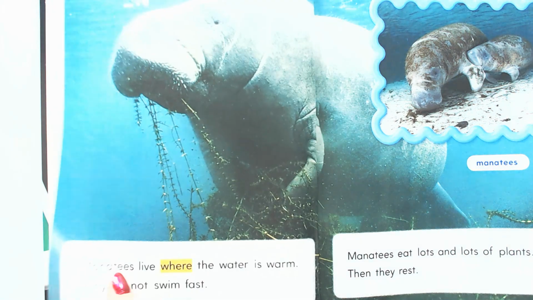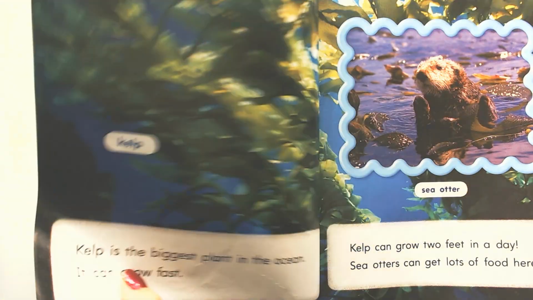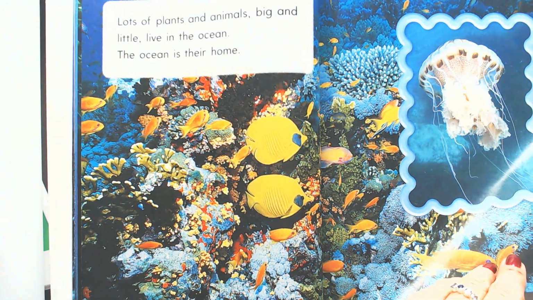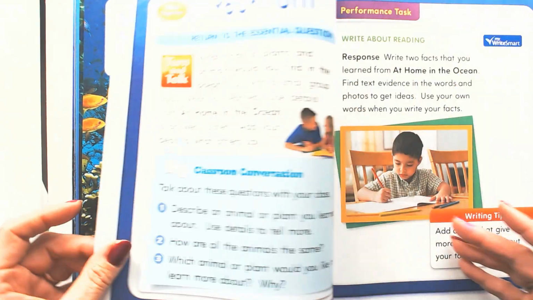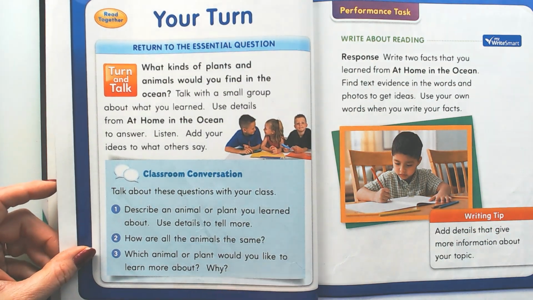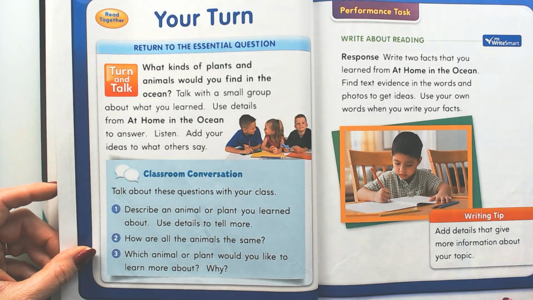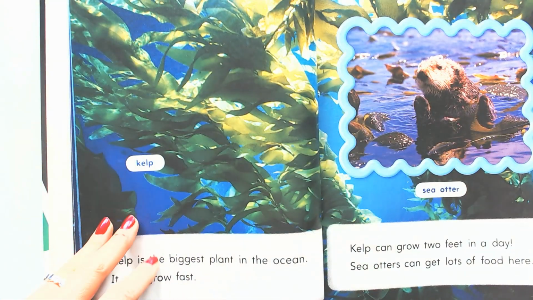Or penguins, manatees, sea turtles, otters, sea anemones, jellyfish, man-o-wars. Just depends on, it's your opinion. And then why? Why would you want to learn about the particular animal you chose?